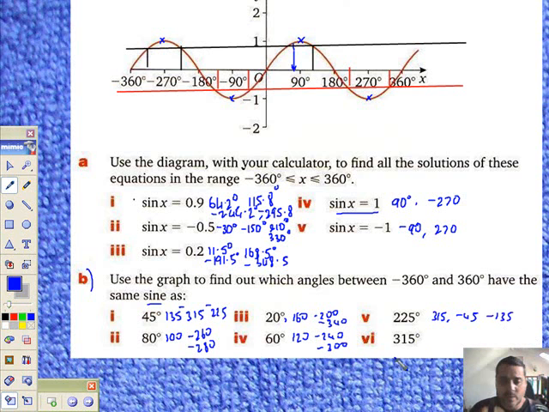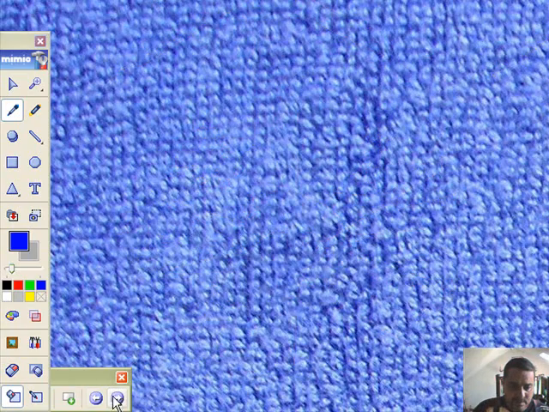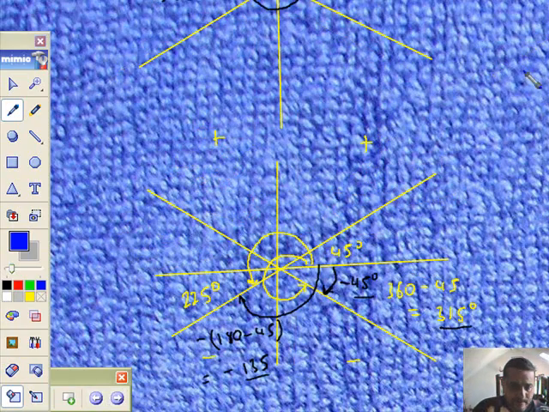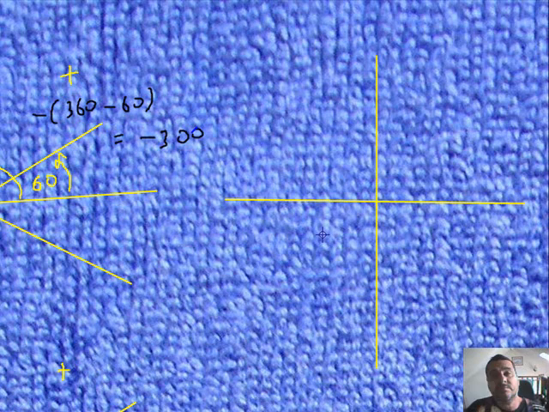Now you work with 315 degrees. Actually, no, we can work up the top, can't we, here? 315. Well, 360 take away 315 gives us 45 degrees, I think. So we're based on 45s again.